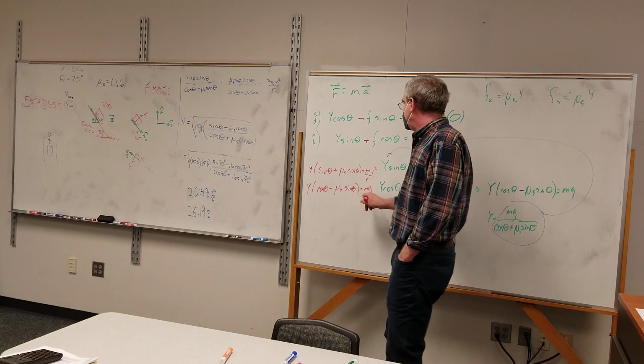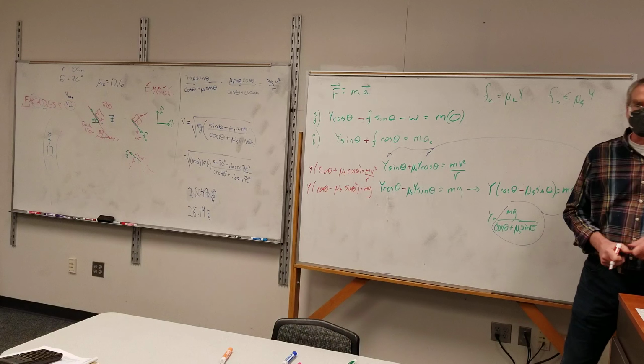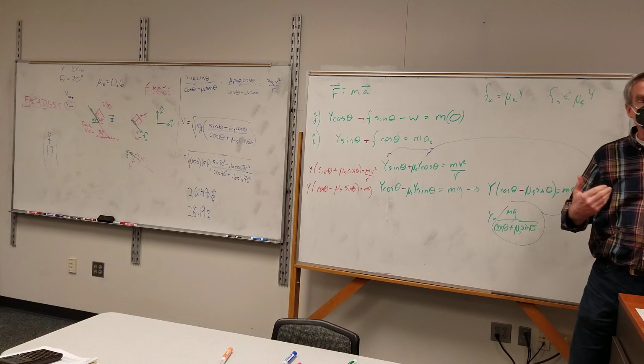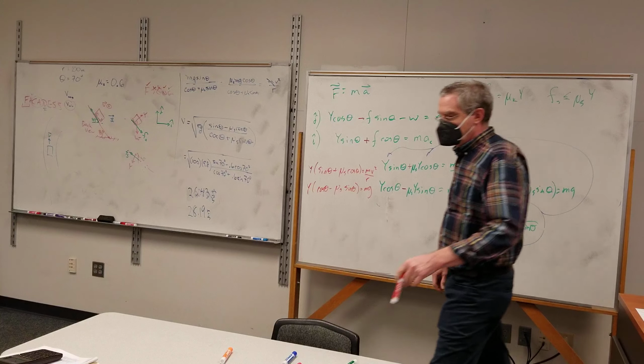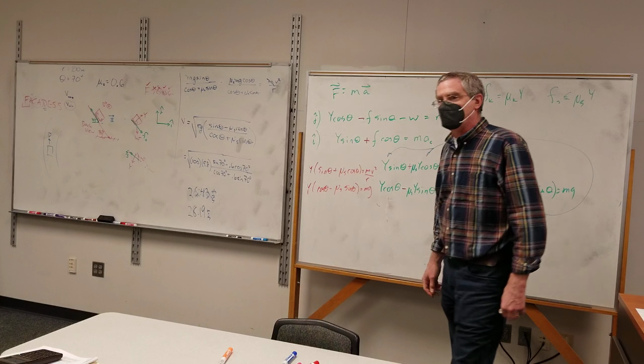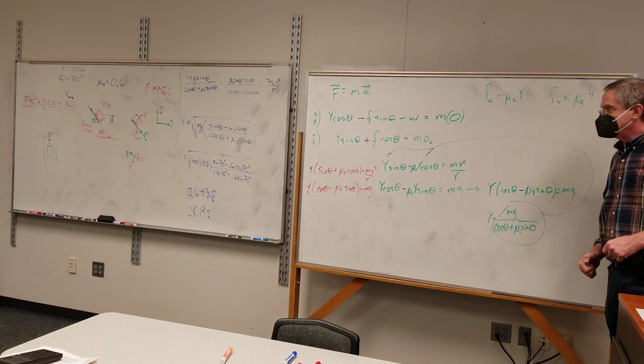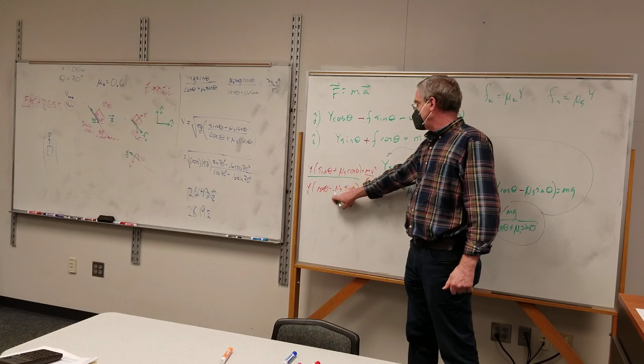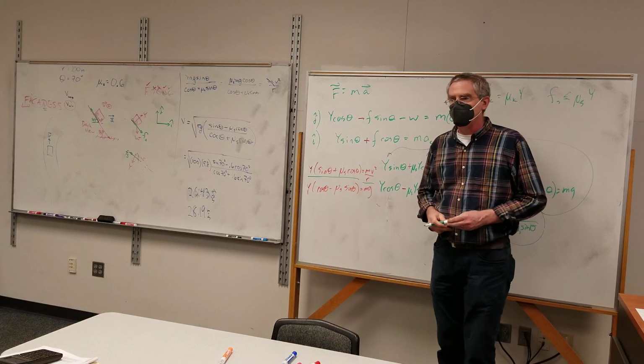mg. And now I'm just going to divide the left-hand side and divide the right-hand side, because the math people insist, as long as you divide by the same number, not zero, it's legitimate. Since these are equal, I can divide the left by this, and I can divide the right by that.